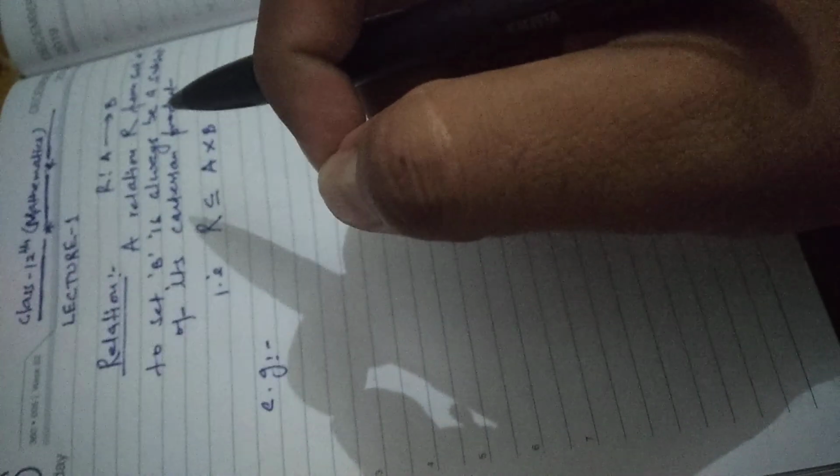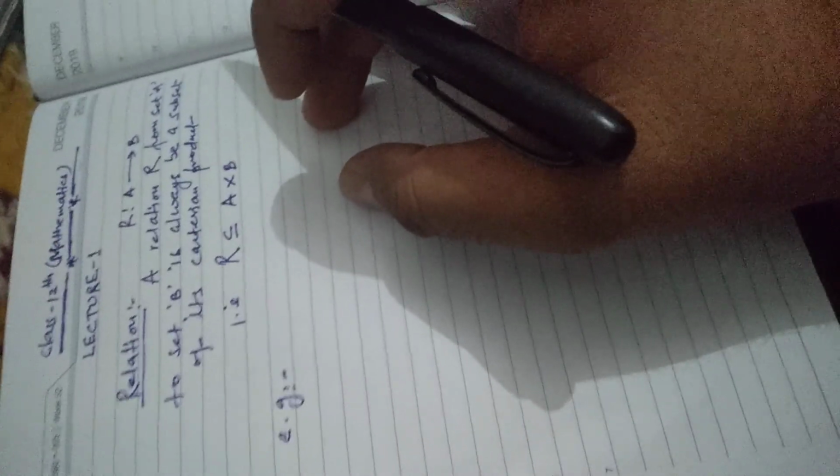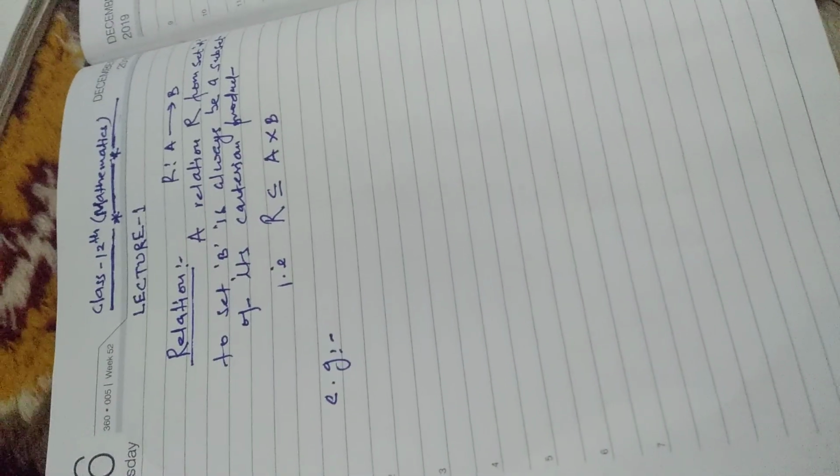For example, if I'm talking about a relation, as we know, whenever we write a set, we can write the set in two forms. One is set builder form, another is roster form.